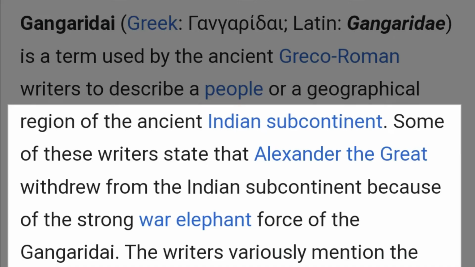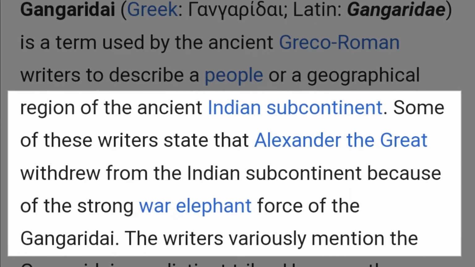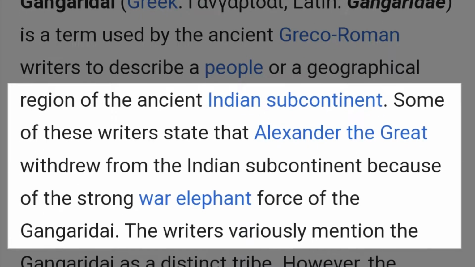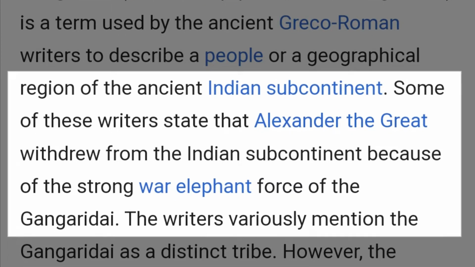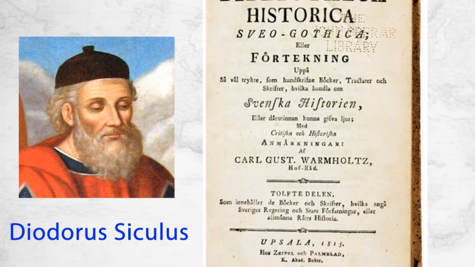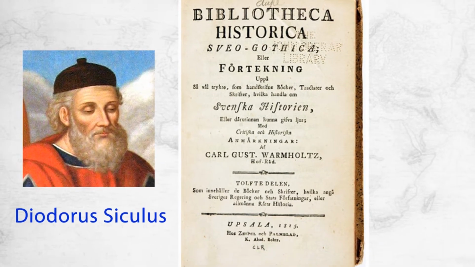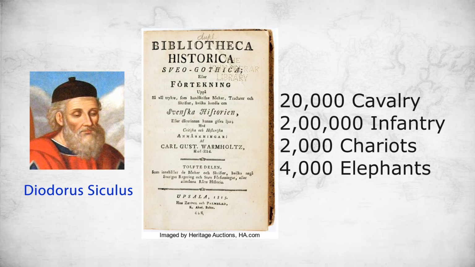In fact, it even says that Gangaridai was such a formidable kingdom during 4th century BC that Alexander went back with his force after hearing about the phenomenal military strength of the region. Diodorus Siculus in his 1st century BC Bibliotheca Historica mentions that the Gangaridai king had 20,000 cavalry, 200,000 infantry, 2,000 chariots and 4,000 elephants equipped for war.